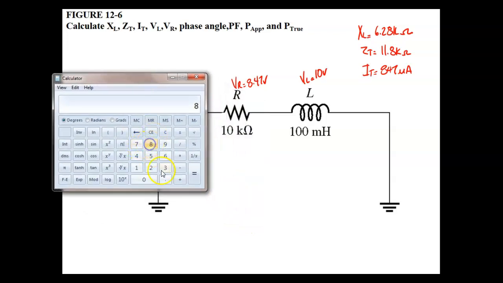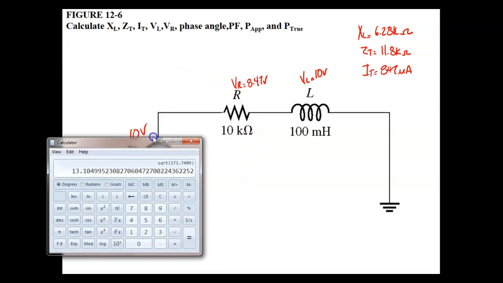So 8.47 squared plus 10 squared, square root. Yeah, it comes up to be 13 volts. So one of these is wrong.